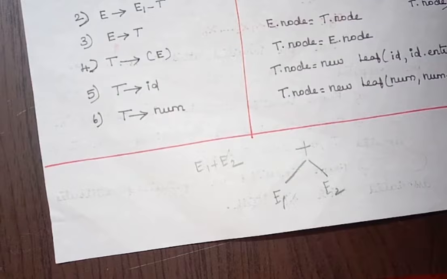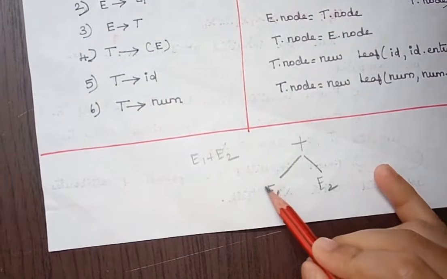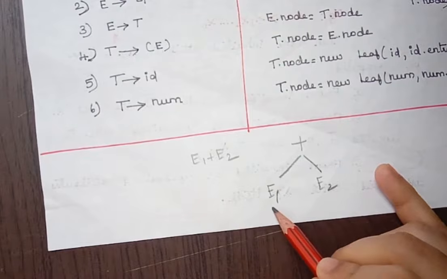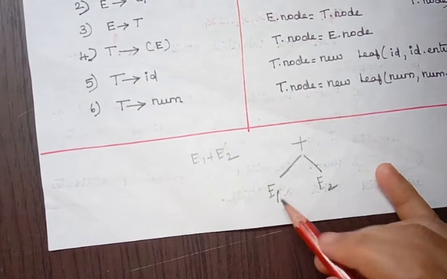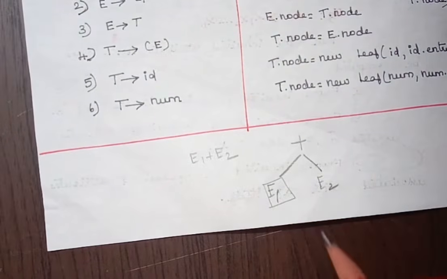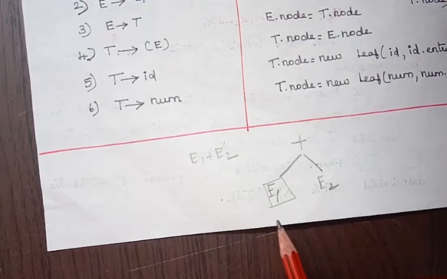If the node is a leaf node, then the additional field holds the lexical value for that leaf node.